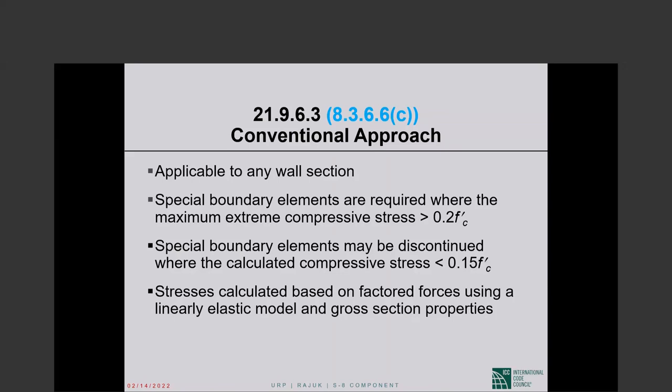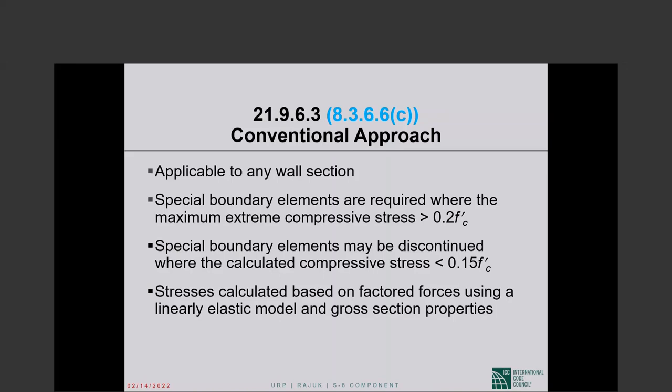However, this is extremely important. We do not go back to neglecting the contribution of the web to carrying P sub U and M sub U. We do not do that. Those days are gone. Those days are behind us. Even in the conventional approach, the entire shear wall cross-section remains effective in resisting P sub U and M sub U. Okay.